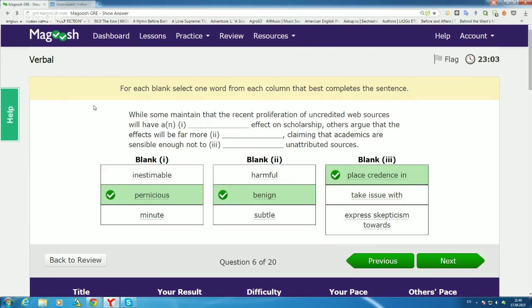Okay, so we are putting this together. So claiming, believing that researchers are smart enough not to blank unreliable information. What word could we put in that blank, John?